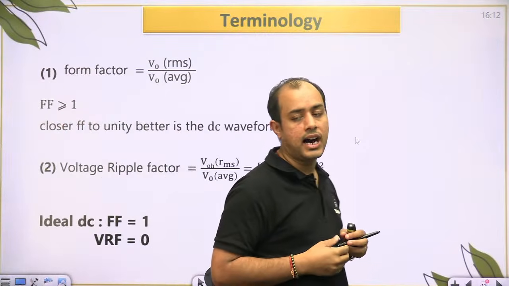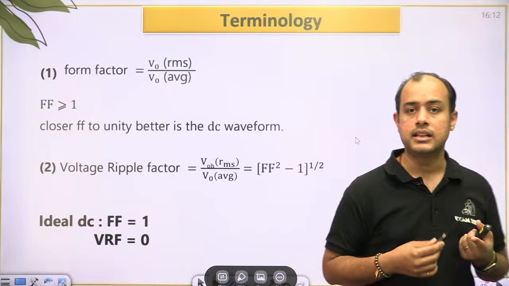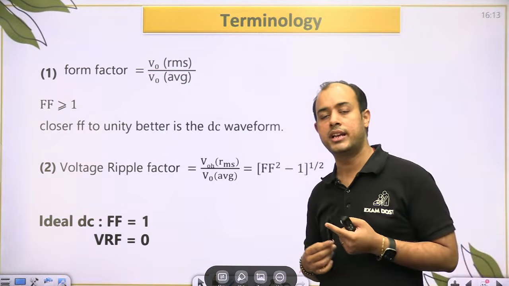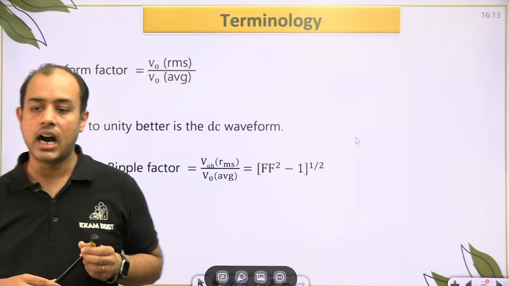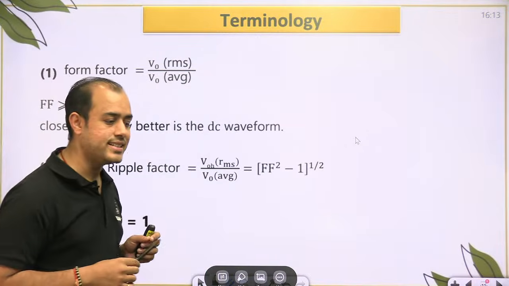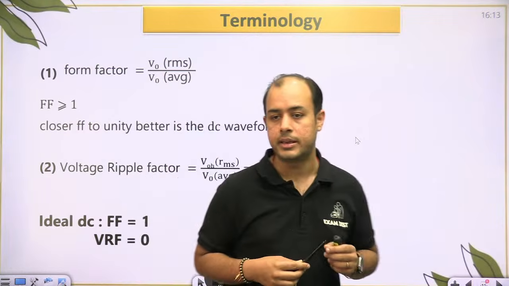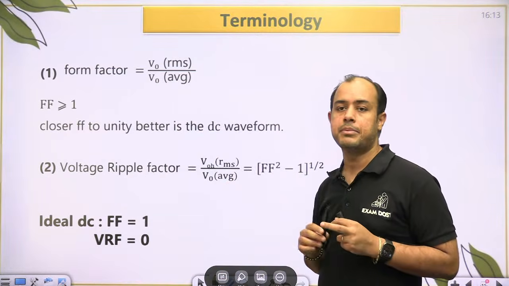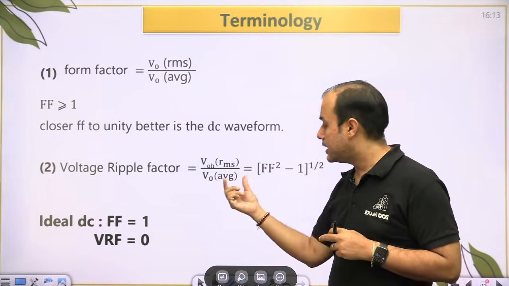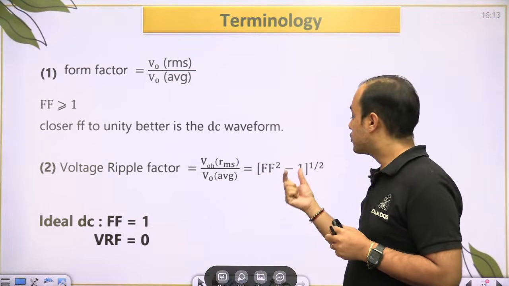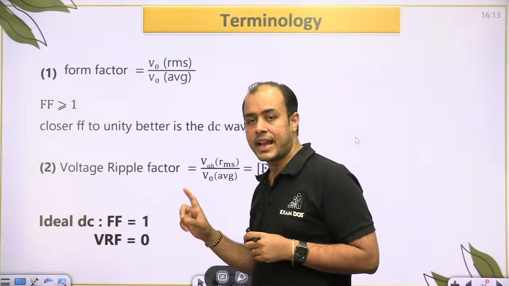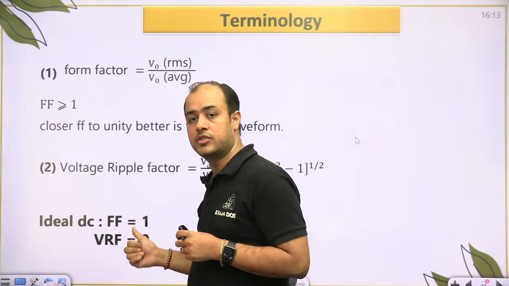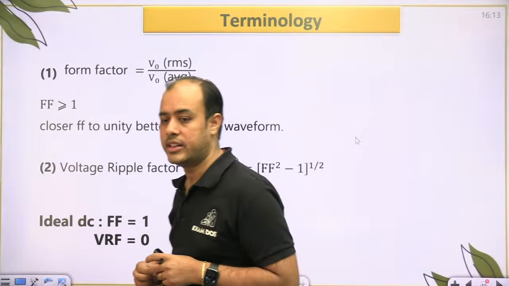So all other harmonics, be it the fundamental, second harmonic, third harmonic, all other harmonics are undesirable. In the numerator I am taking the RMS of the harmonics divided by the average. So it is the square root of form factor squared minus 1. So for ideal DC, form factor is 1 and ripple factor is 0.